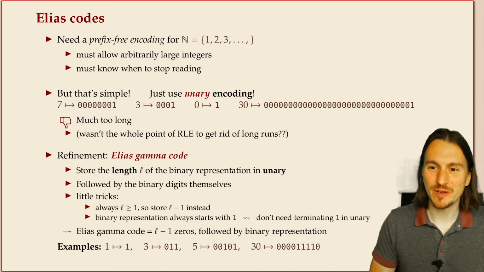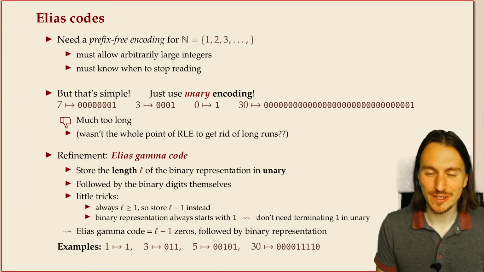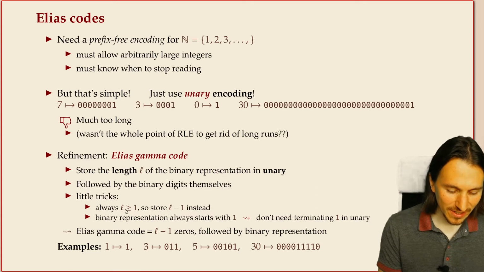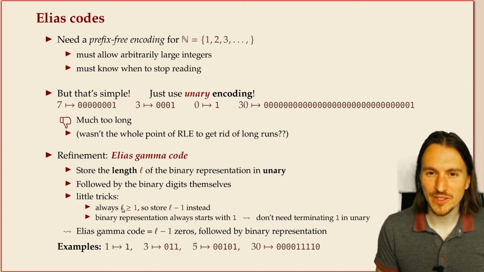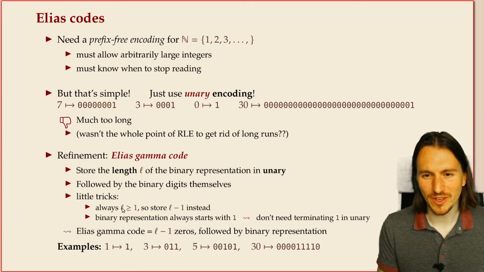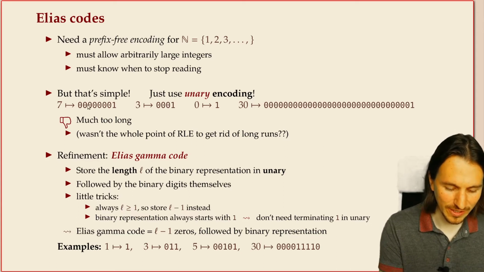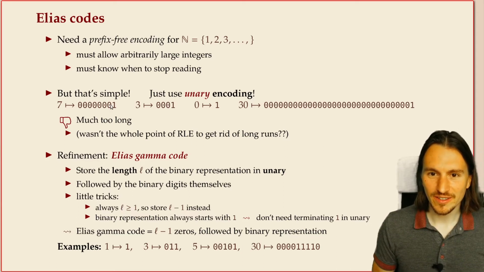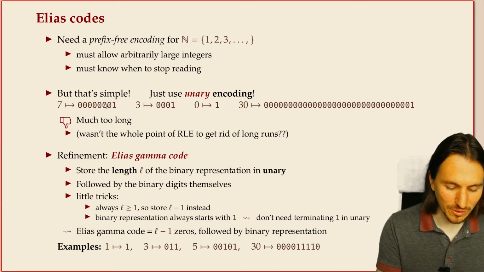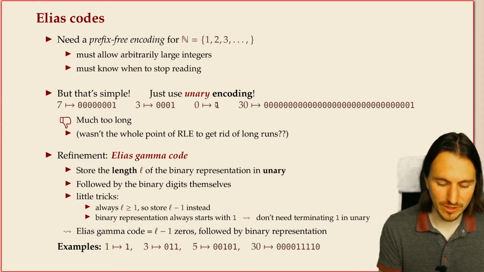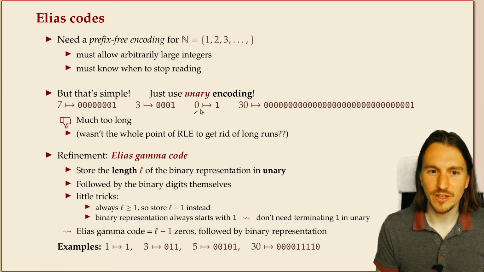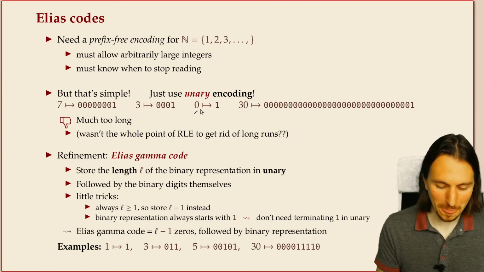Once you start thinking about this, you immediately find that there's some obvious ways to improve upon this. First of all, the length is always at least 1 bit, so we might not have to store exactly 7 bits here, but we can store just 6 zeros because we never need the 0. That's just not needed in our application.